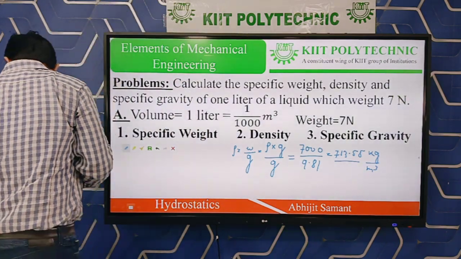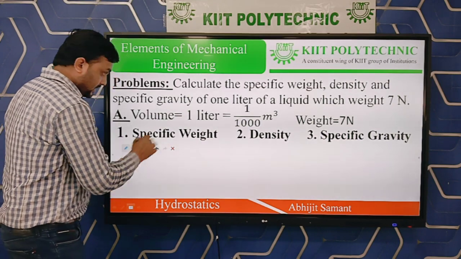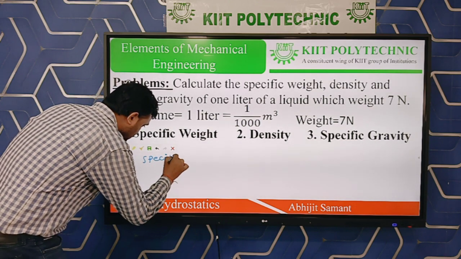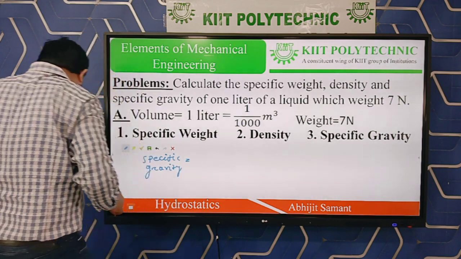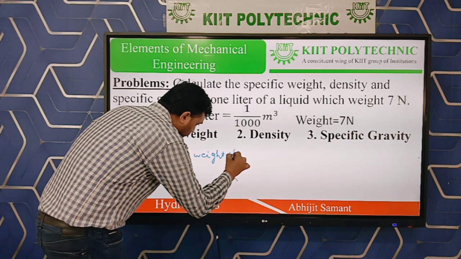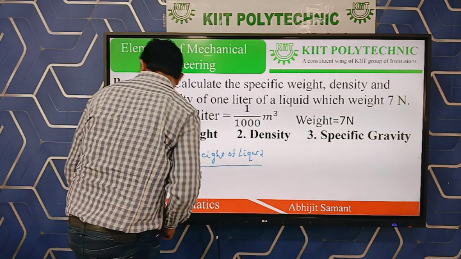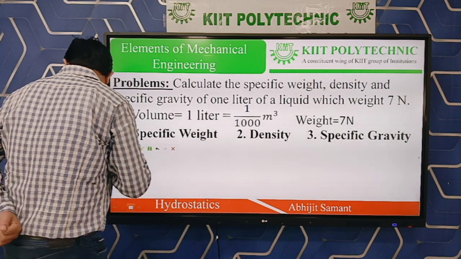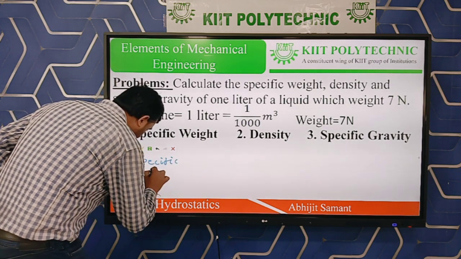Last one is specific gravity. Specific gravity is equal to the density of liquid divided by the density of standard liquid.